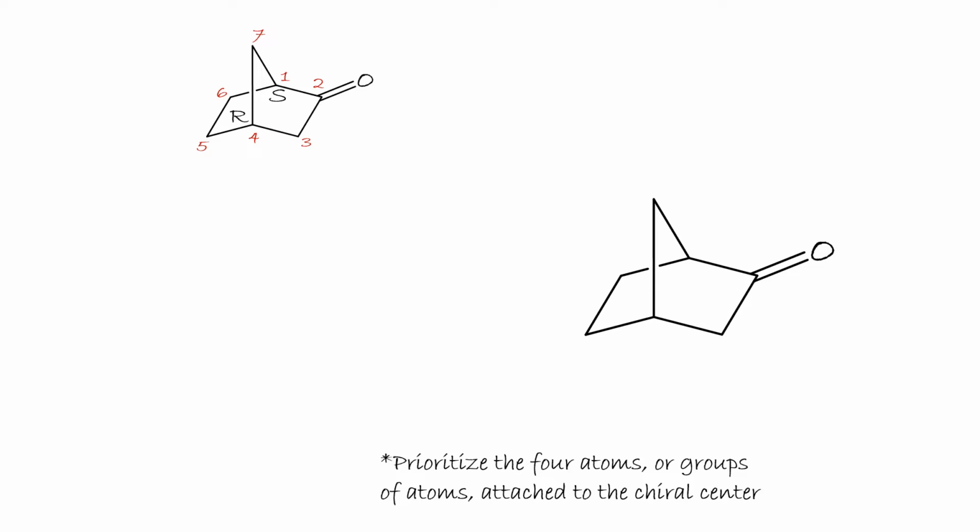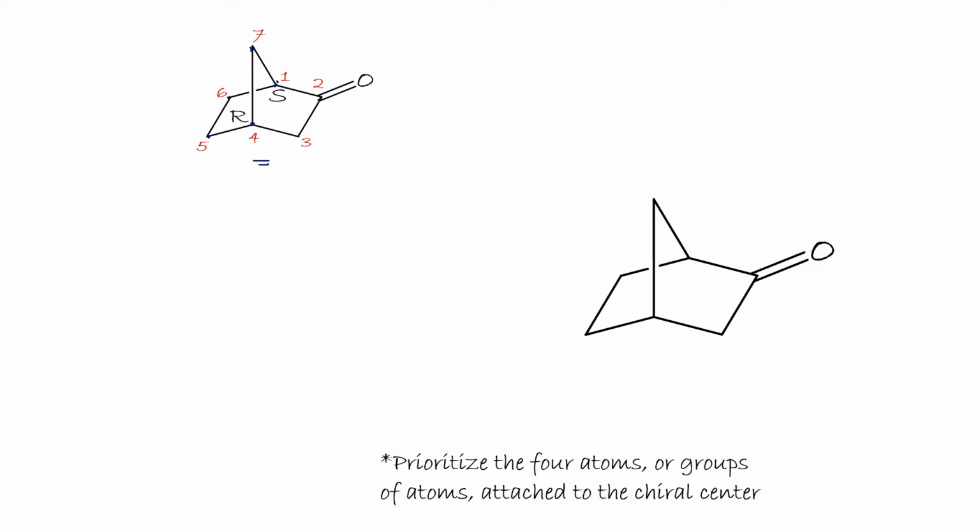For this compound, that's a bicyclic compound, we have here two chiral centers, number 1 and 4. So the name will be bicyclo, that's 2, and on the other side 2, and here is 1, so that will be 2.2.1, and we have 7 carbons, that will be heptan-2-one.